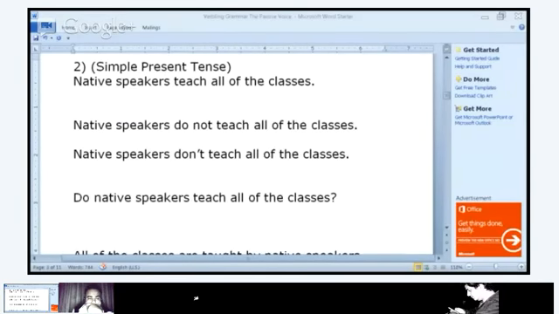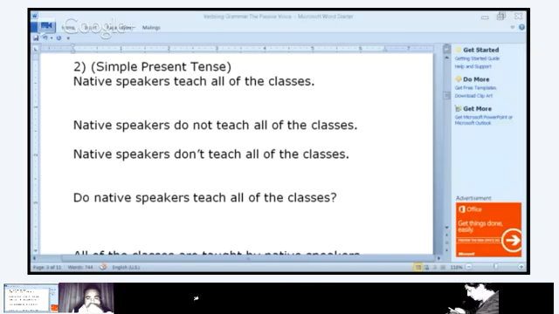Are the classes, now, are the classes, sounds great, but we need to use the past participle of the verb to teach, which is taught. And we usually say taught by native speakers, Rose, but thank you. Any other ideas? Any other comments people would like to make? Any questions? Are the classes taught by native speakers, right?